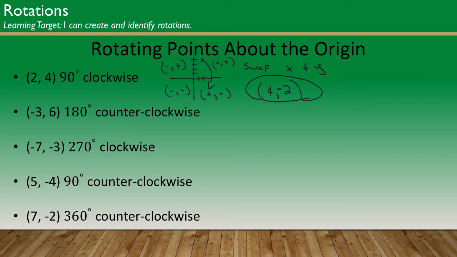The next one, 180 degrees counterclockwise. If I start at negative 3, 6, which is going to be up here somewhere, and I go 180 degrees counterclockwise, that means that I am moving 2 quadrants. So I know that my signs should be positive, negative, and if we're going 180 degrees, that means that we keep the same order.